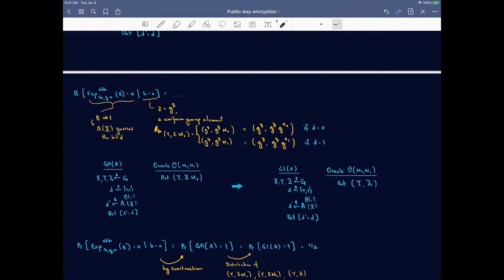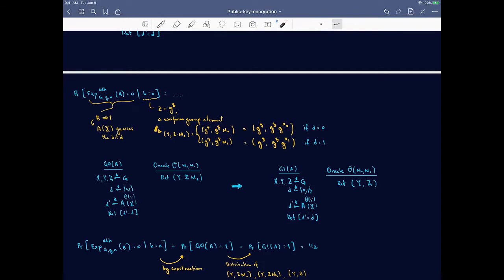Let me say that again. No matter the value of D, whether it's the left message or the right message, it doesn't matter, because when you take any group element and multiply it by a uniformly random group element, you get a uniformly random group element. So our oracle in G1, rather than returning Z times M sub D, could just return Z, because Z is also a uniform group element.